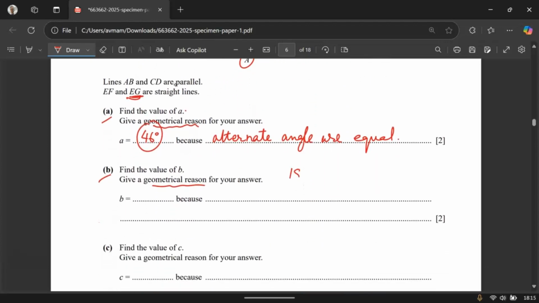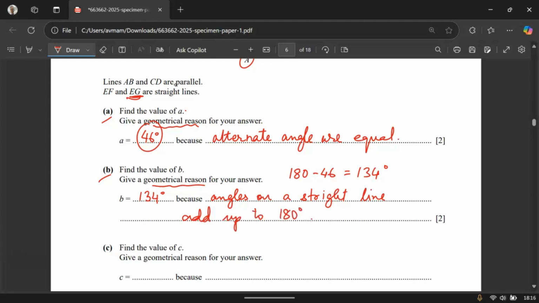So 180 minus 46 will give you the value of B. 134 degrees. So B is 134 degrees because angles on a straight line add up to 180 degrees.